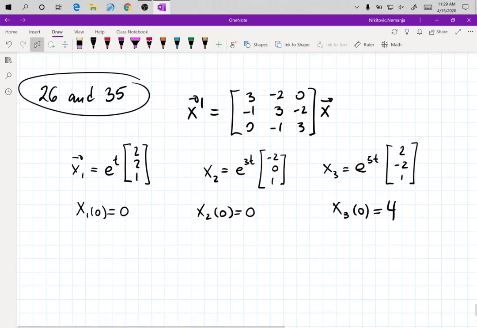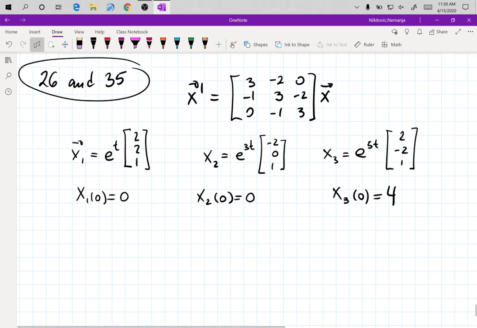So this is your problem statement. They want us to write the solution, check the Wronskian for independence, and then finally figure out what C1, C2, and C3 are, because we have initial conditions. So these two problems together create one, call it an exam problem if you want to. For exam 3, they create a single problem.